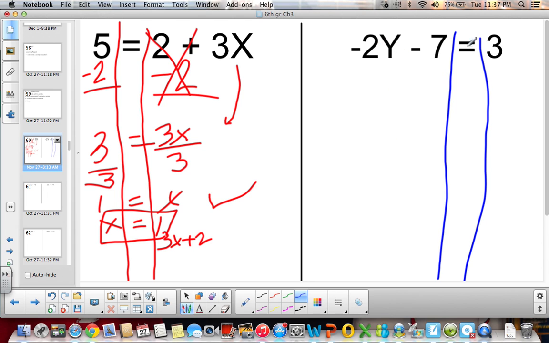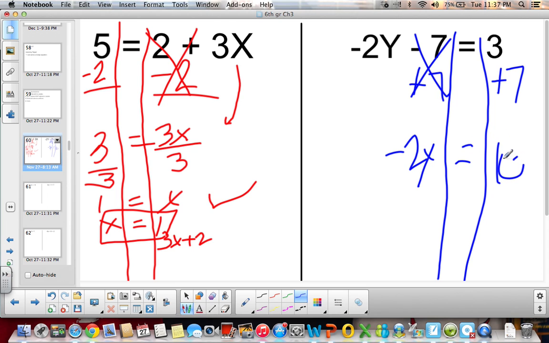Because we're subtracting 7, we're going to add 7 to both sides. This negative 2 still stays with the y because we haven't done anything yet. Negative 7 plus 7 is 0. So we have negative 2y equals 10.